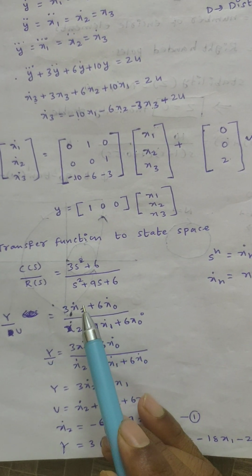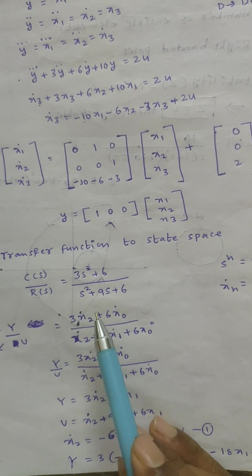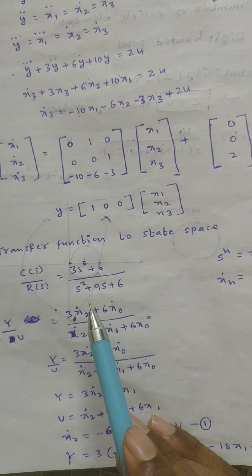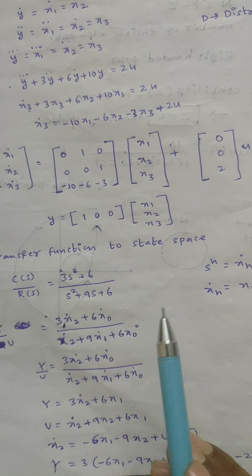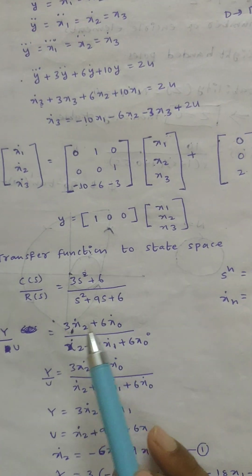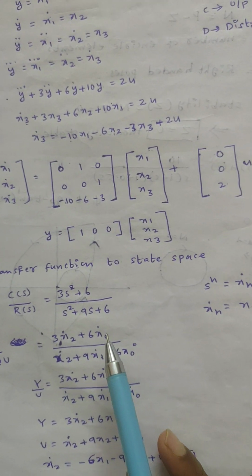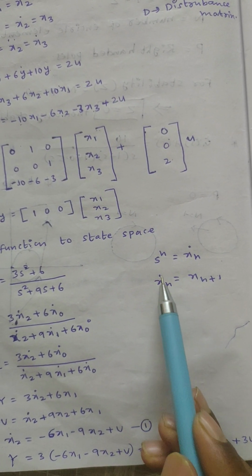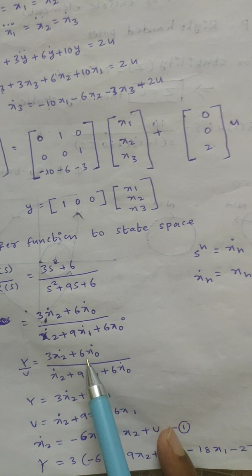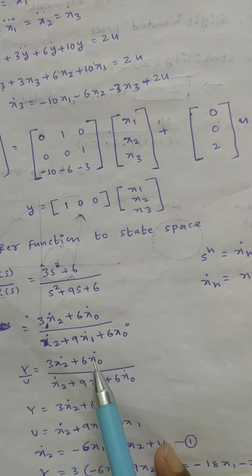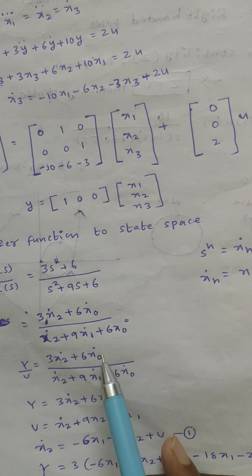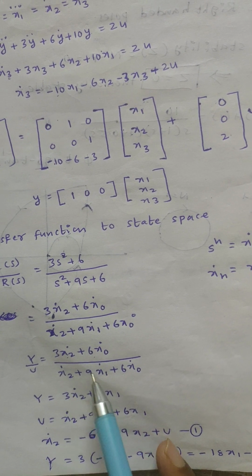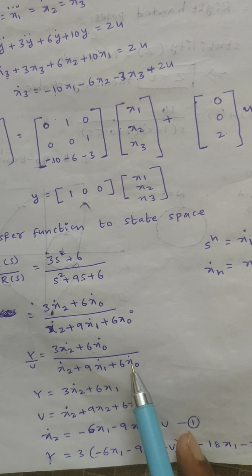After that, x2 dot is the highest term, so you cannot change this x2 dot. You cannot write x2 dot is equal to x3, because we need the equation in terms of x2 dot. Then x naught dot is equal to x of n plus 1, that is x0 dot is equal to x1, right? So we have 3x2 dot plus 6x naught dot divided by x2 dot plus 9x1 dot plus 6x naught dot.